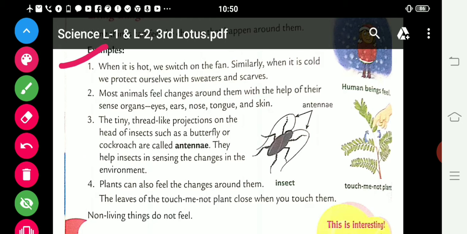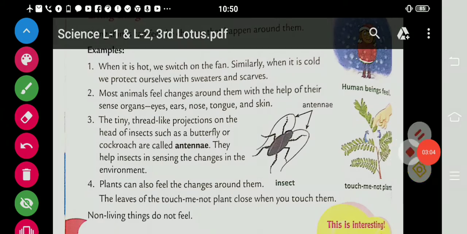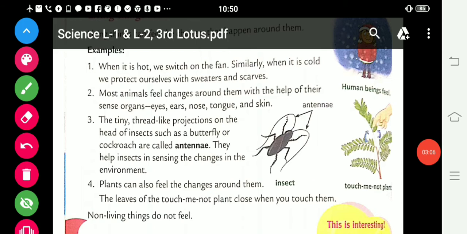In the summer season, you feel hot because of your sense organs. You feel cold in winter seasons because of your sense organs. Here are some examples. When it is hot, we switch on the fan to feel comfortable.